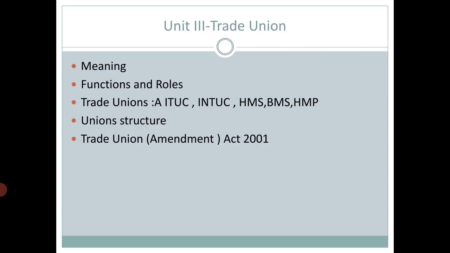A trade union is an organization which is made up of members, and its membership must be made up mainly of workers. One of a trade union's main aims is to protect and advance the interests of its members in the workplace.